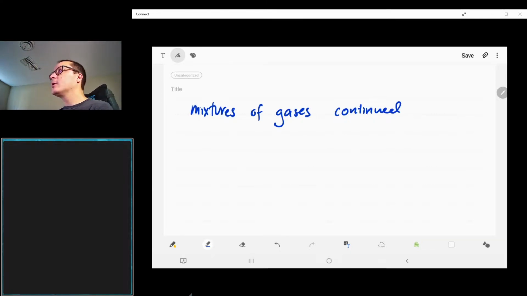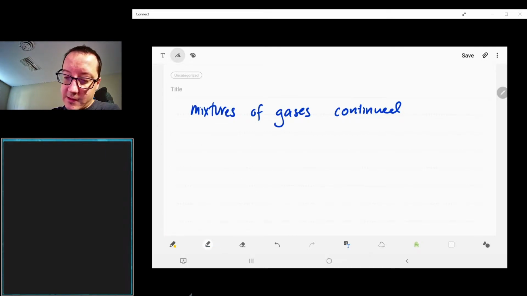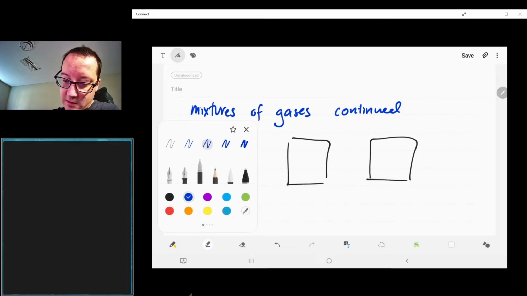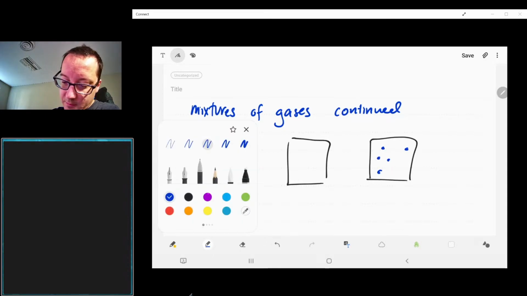Alrighty, let's go ahead and get started today. We're going to continue with talking about mixtures of gases. So, we saw yesterday, I gave you the example where we had 3 containers of the same volume with some blue gas molecules and some purple ones.